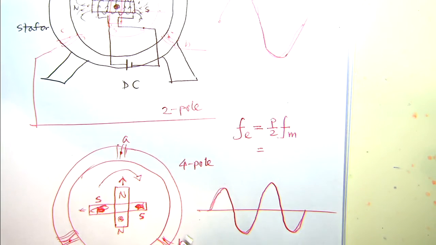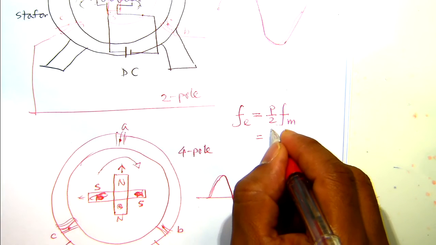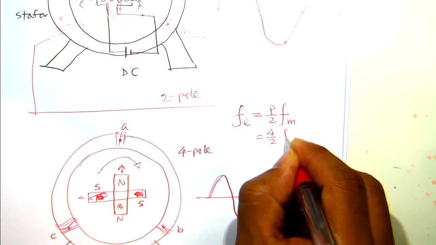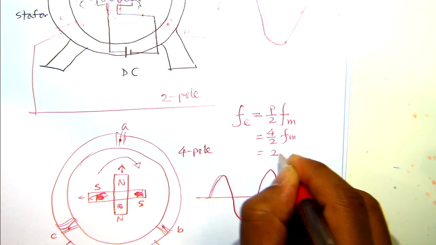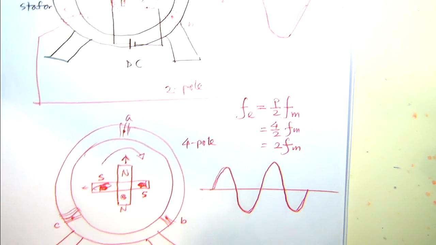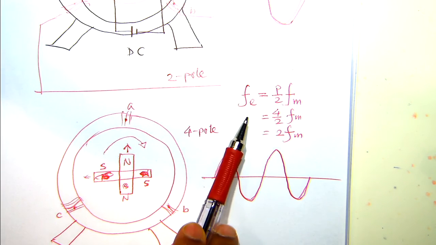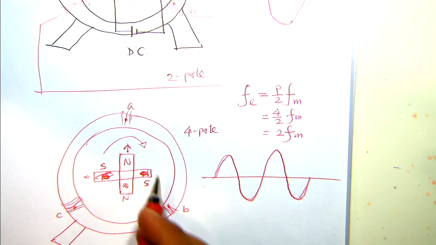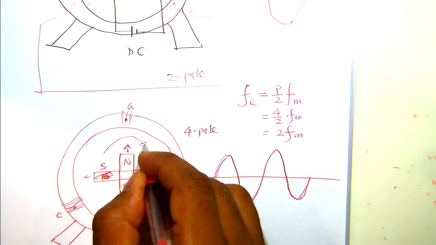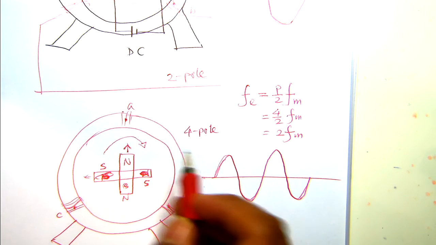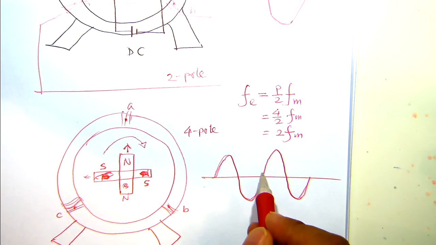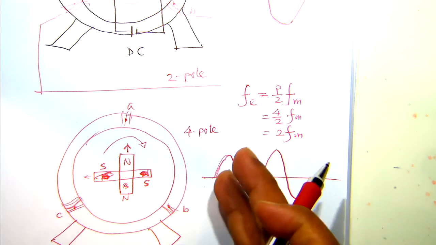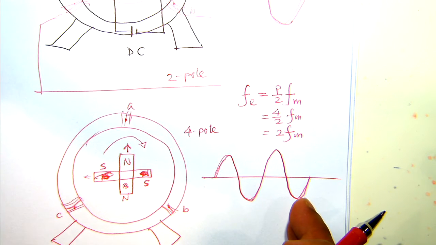Let's see what happens for this one. I have 4 poles, meaning 2 pole pairs, so my electrical frequency will be twice the mechanical frequency. My rotor finishes 1 rotation, but my electrical frequency sees 2 north and 2 south, so there will be 2 positive and 2 negative cycles. Does it make sense?